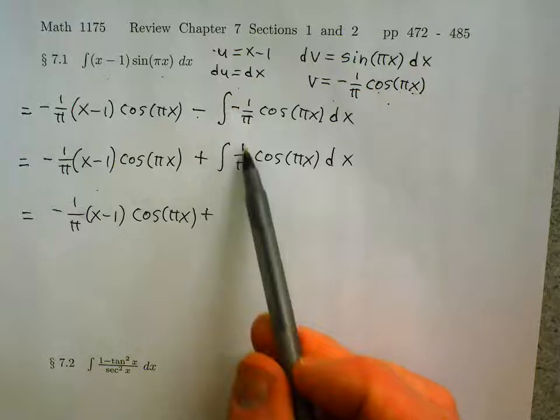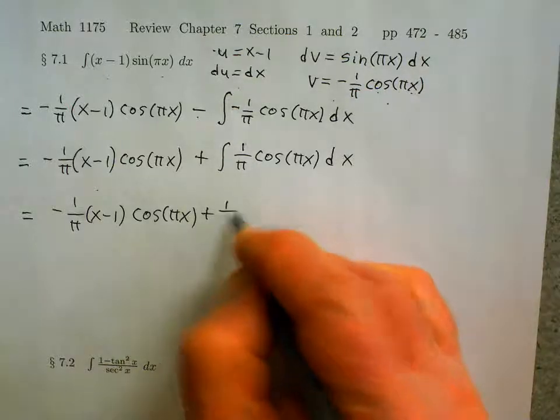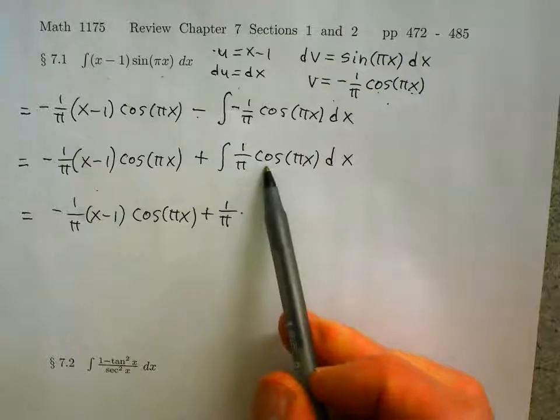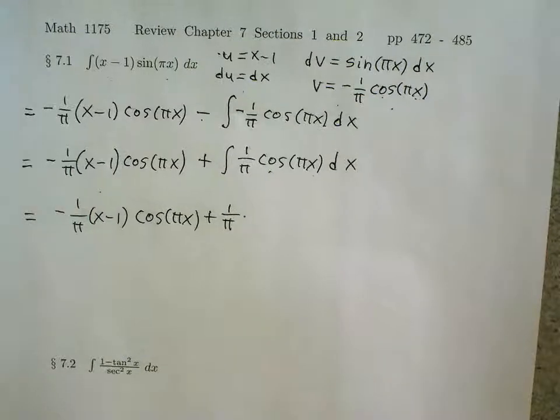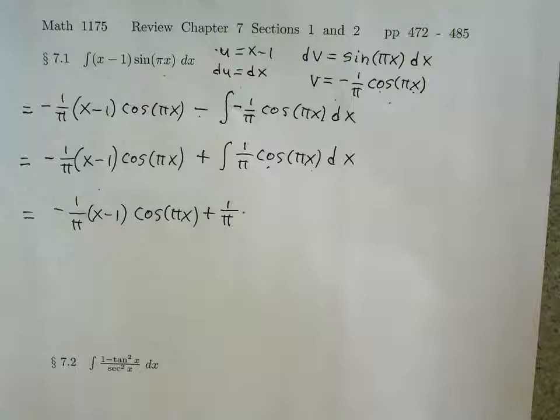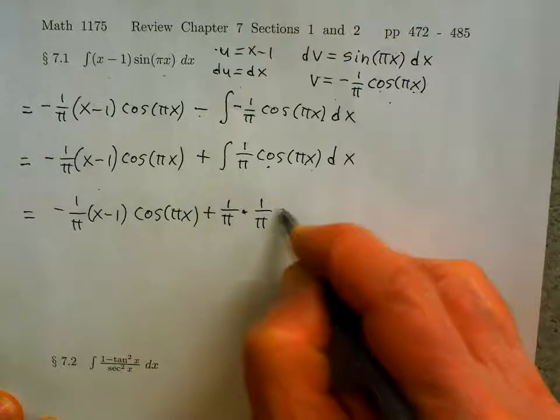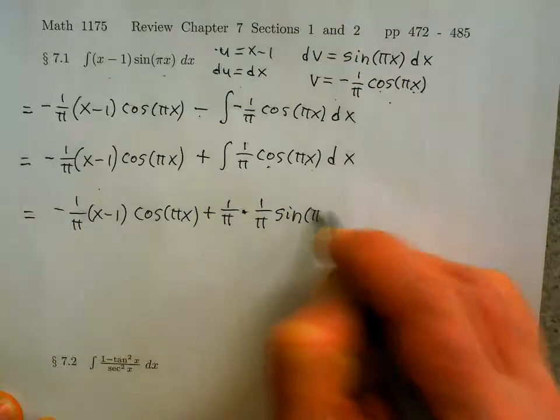So 1 over pi is just a constant. So 1 over pi, and what's an antiderivative of cosine of pi x? Yeah, 1 over pi times sine of pi x. So 1 over pi times sine of pi x.